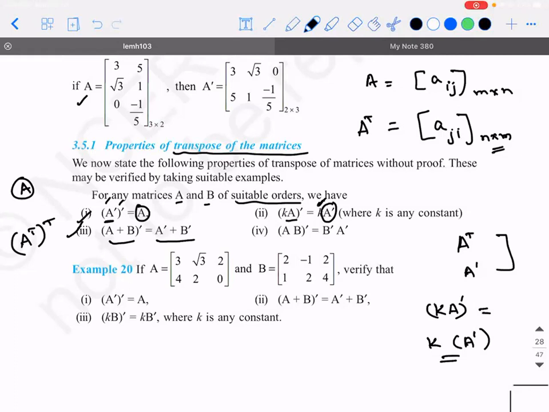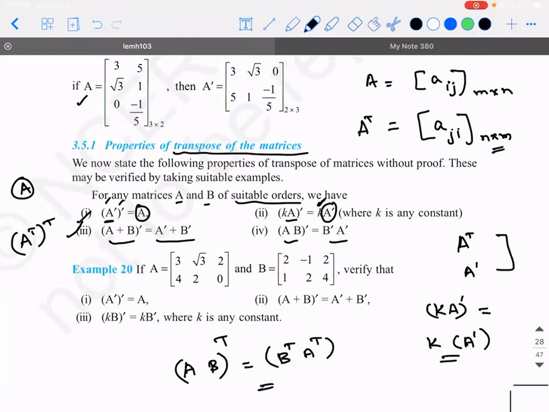Whereas in the case of multiplication, what will happen? You have the product of A and B and you take the transpose of it, that will be equal to B transpose into A transpose. These are all the properties.